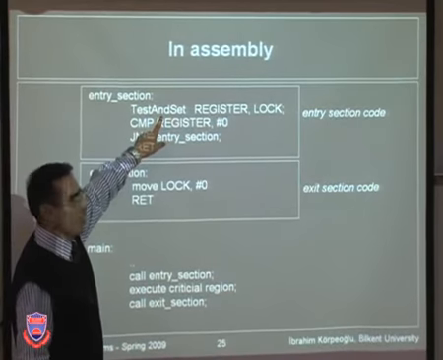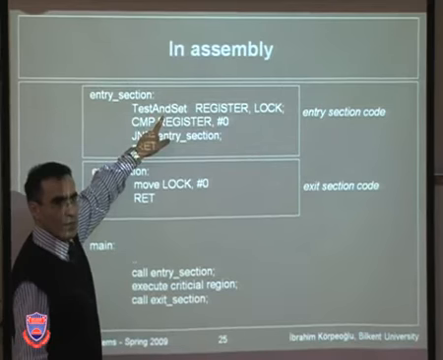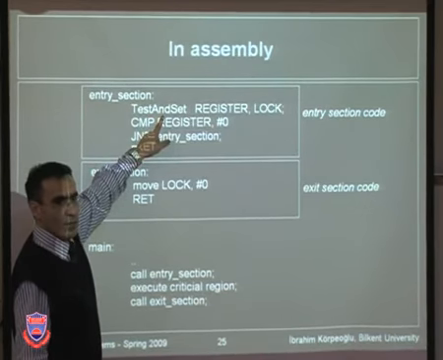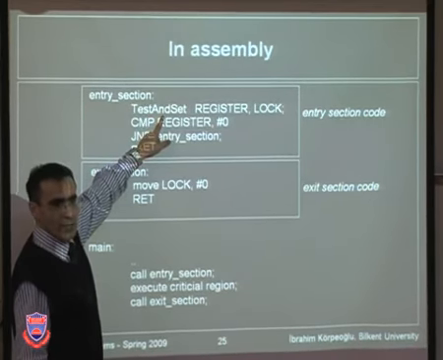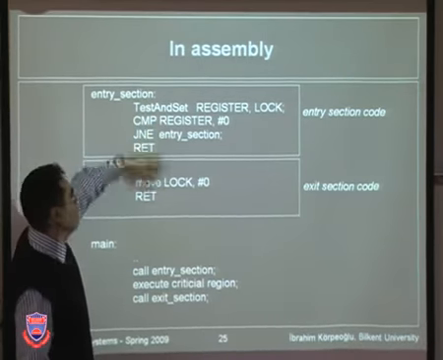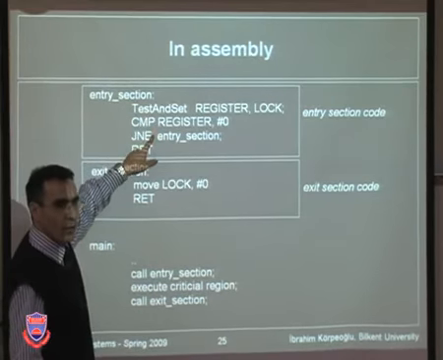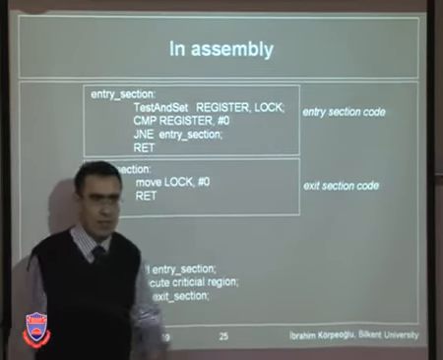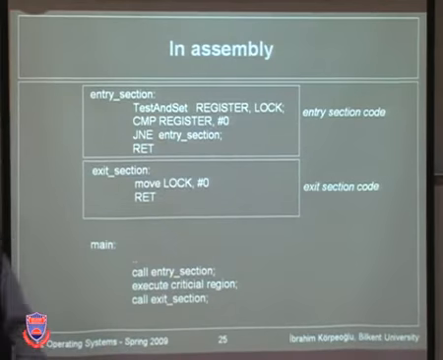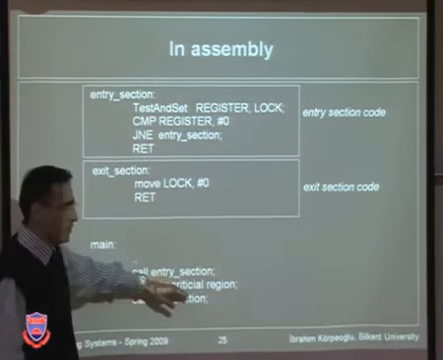It will load the lock value into the register and do a comparison. What will be seen by the other process? 1, right? The other process will see lock value 1 and will not be able to enter the critical section. Sooner or later, I will be executed again from where I left off. So I will compare the register value with 0. What was the register value? 0, right? So I will not jump to here and will return and enter the critical section.